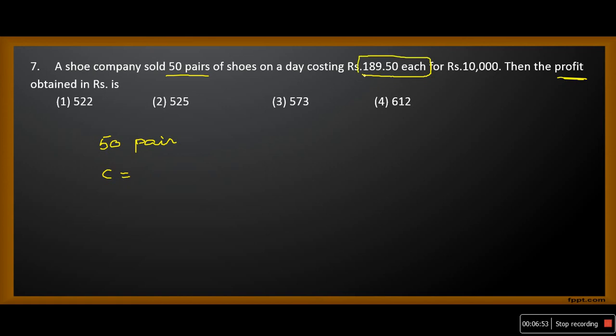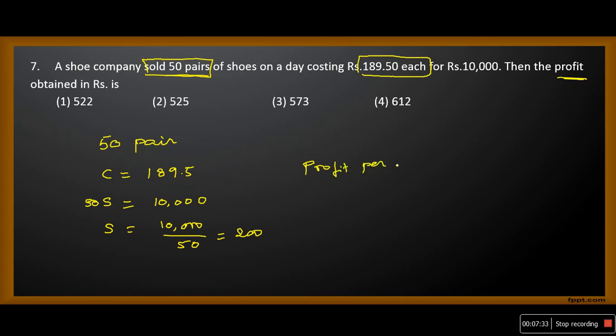It means the cost price of each pair is 189.5. What is the selling price? Here 50 pairs are sold for 10,000 rupees. So the selling price of each pair will be 10,000 by 50, which is equal to 200.